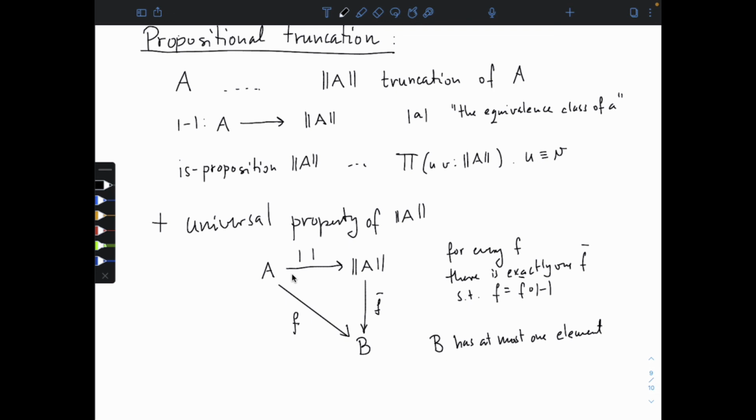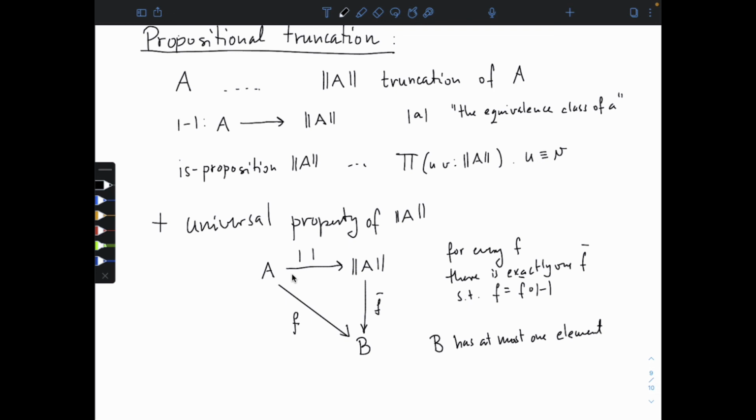B is a vector space, so B has to have the same structure as the bracket A down there. Groups: A is a generating set for a group. Bracket A is the free group. B needs to be a group. Then the same thing holds. This is saying that we have the most economical way of turning a set into a group, a basis into a vector space, a type into a proposition. That is why B must have the same kind of structure as the bracket A.